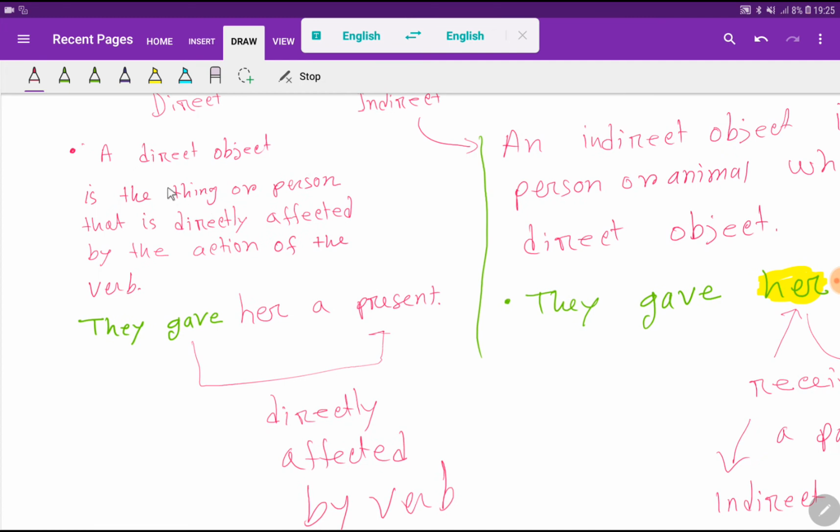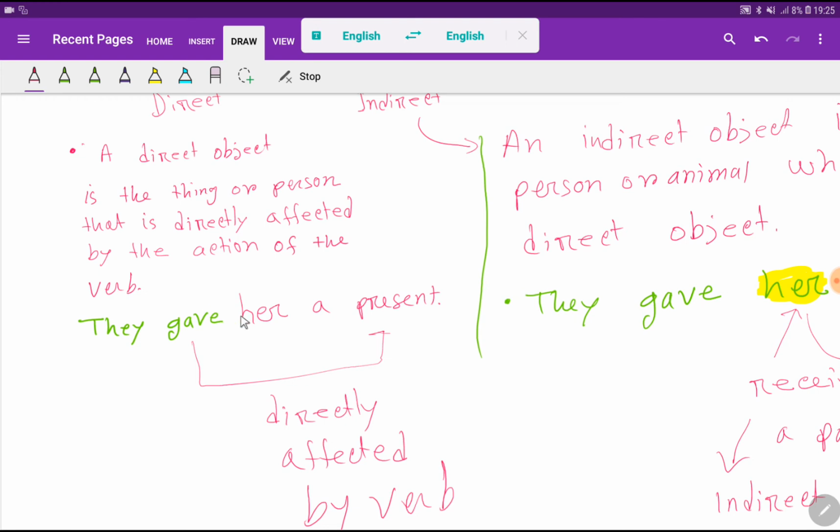Now, a direct object is the thing or person that is directly affected by the action of the verb, right? Here you have to remember, gave is a transitive verb because it is taking an object after it without the help of a preposition.